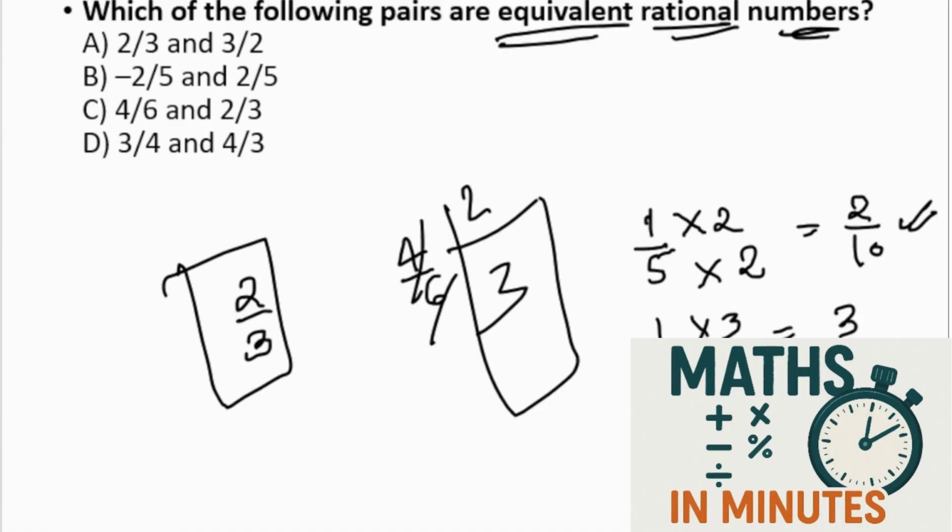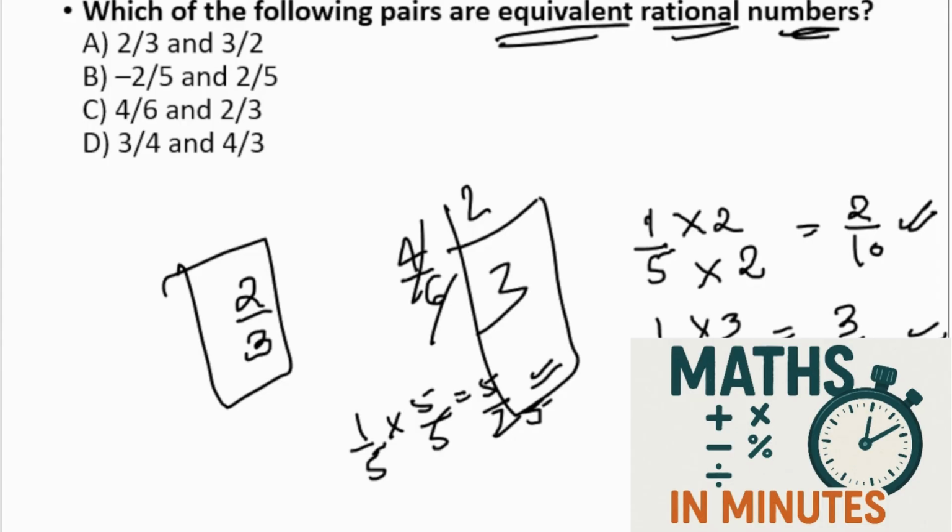So it is 3 upon 15, second equivalent. 1 upon 5 multiplied by 4, 4 upon 20, third equivalent rational number. 1 upon 5 multiplied by 5, 5 upon 25, fourth equivalent rational number. Right? So this is how you can calculate infinite rational numbers of a number.